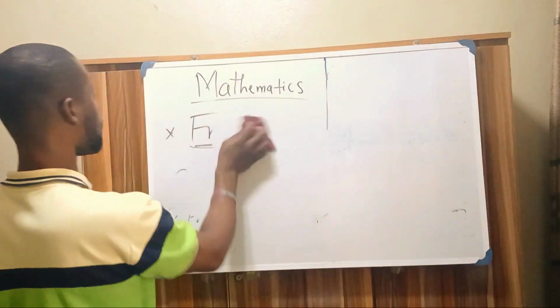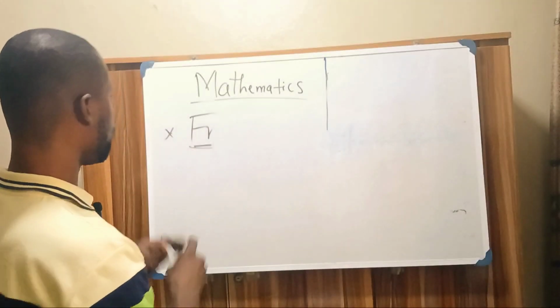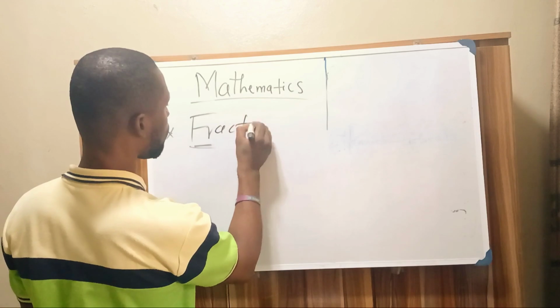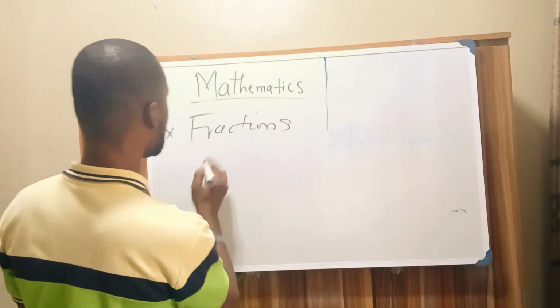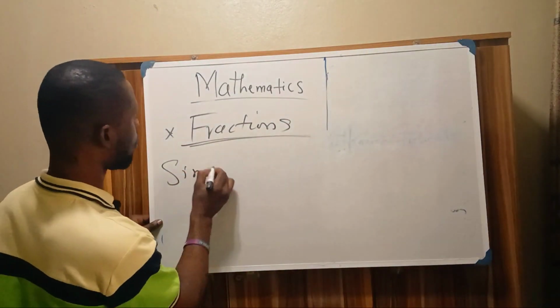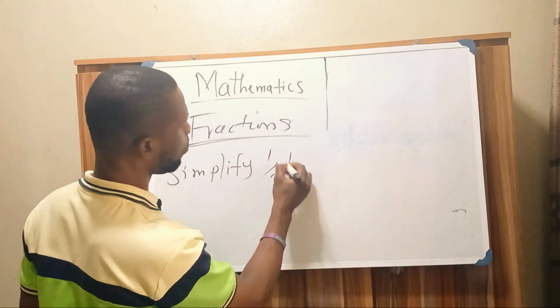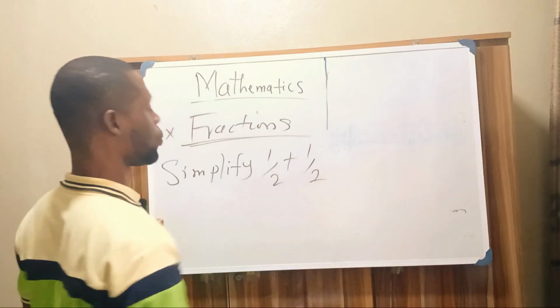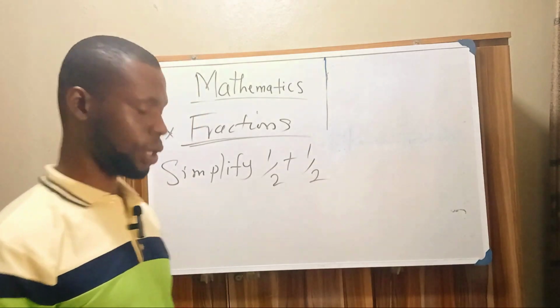Let's just take one question. If you are asked to simplify, let's say, 1 over 2 plus 1 over 2. Let me just start from this simple one.